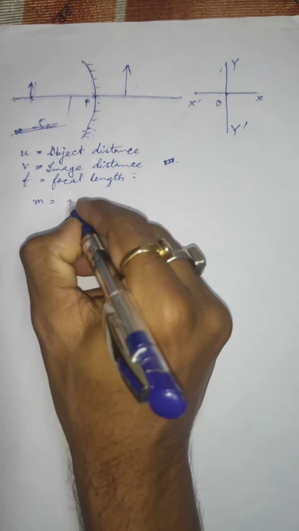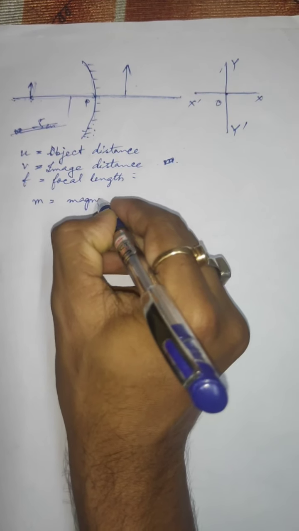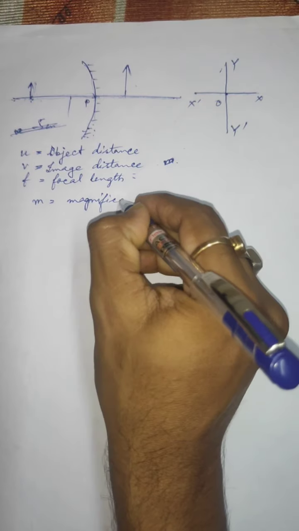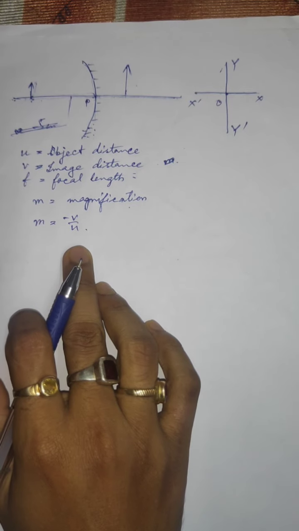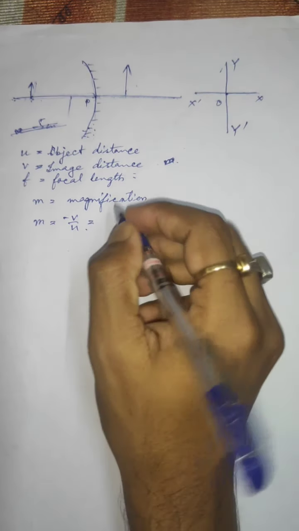Now see how magnification depends. This m is called the magnification. In case of mirror, m equal to minus v by u equal to h dash by h.